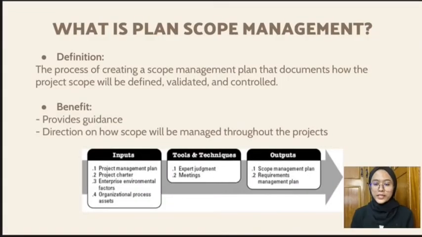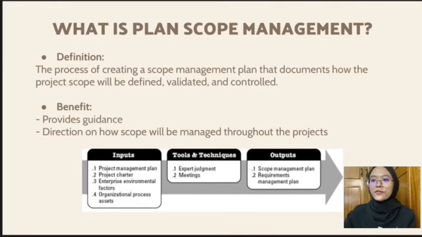The first one is we need to know the definition of Plan Scope Management. The definition of Plan Scope Management is the process of creating a scope management plan that documents how the project scope will be defined, validated, and controlled. The key benefit of this process is that it provides guidance and direction on how scope will be managed throughout the project.